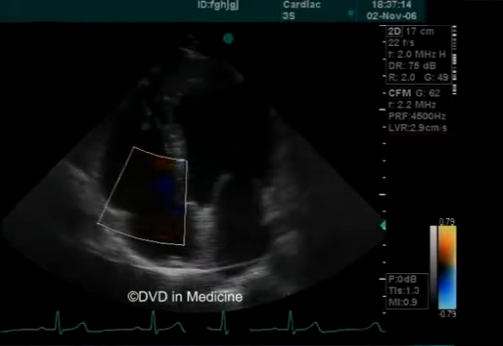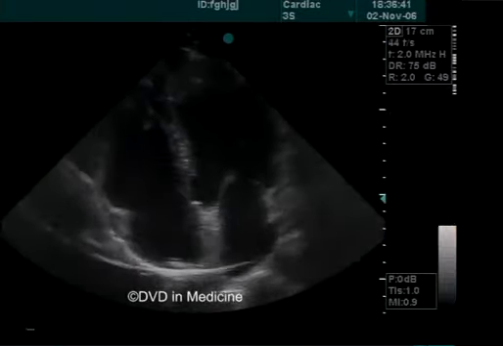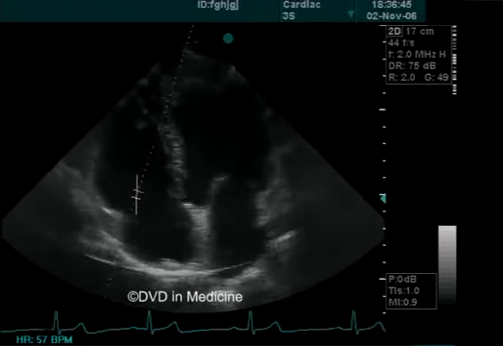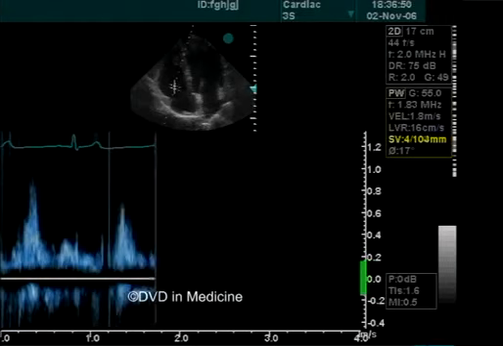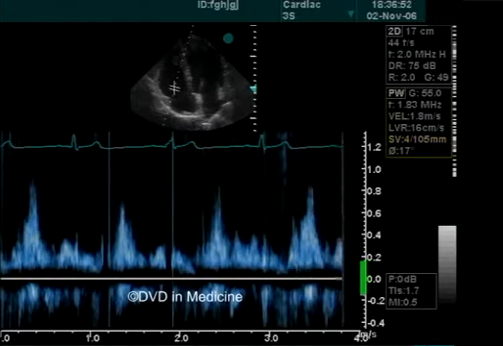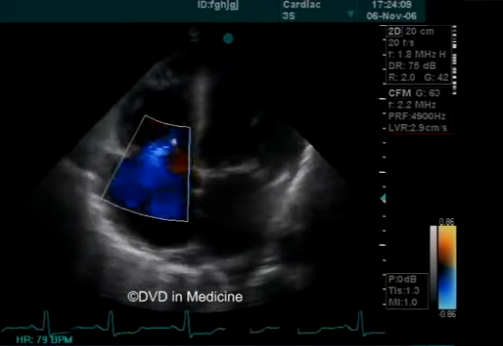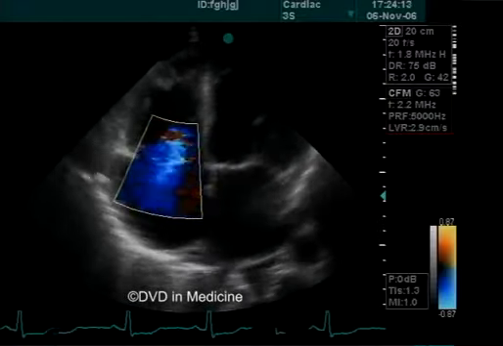The assessment of the tricuspid valve is essentially the same.